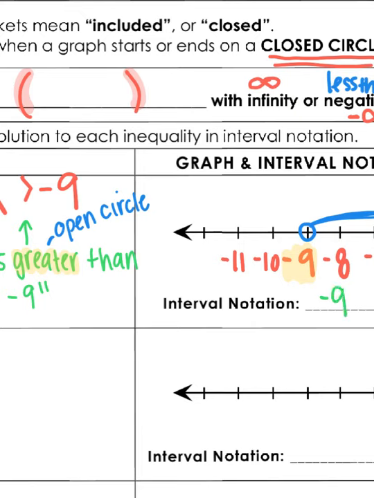Now, because we have an open circle here, an open circle means that we have a parenthesis, comma, and then you read the very far right side. Our very far right side has an arrow, which means it keeps going on forever. So we're going to make that positive infinity. Infinity always has a parenthesis.